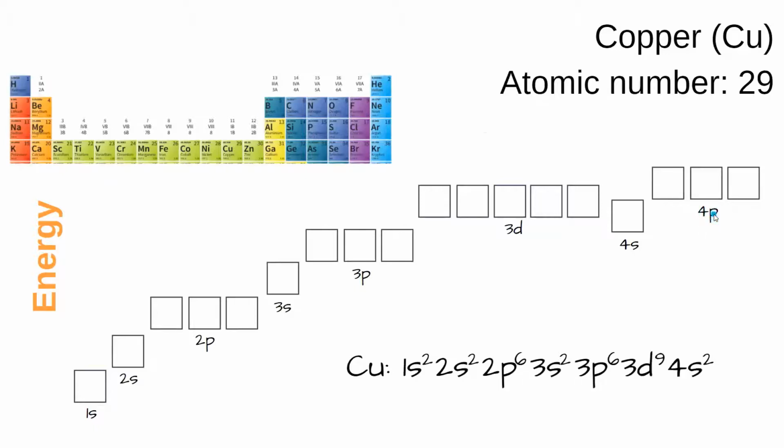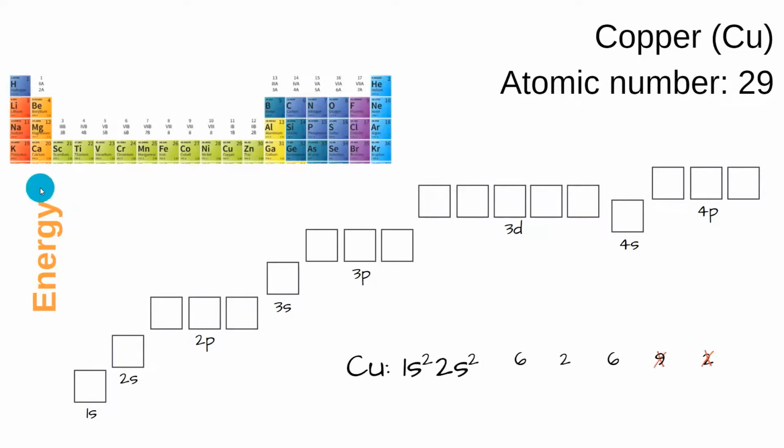So our first exception is copper, which is in the 3d sublevel. And if it followed the normal patterns, it would have Ar in square brackets, 4s2, 3d9. But here it's really close to having a full 3d sublevel. It's one off, so its electrons don't quite follow the pattern.